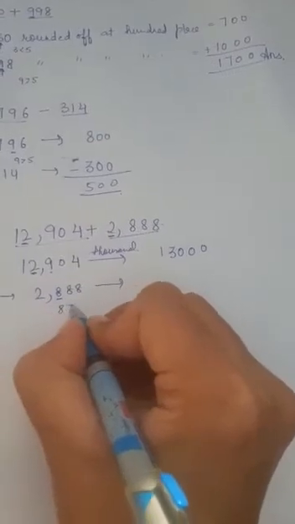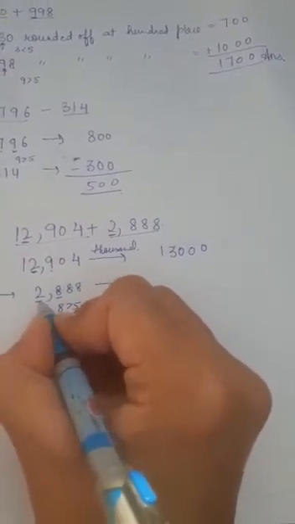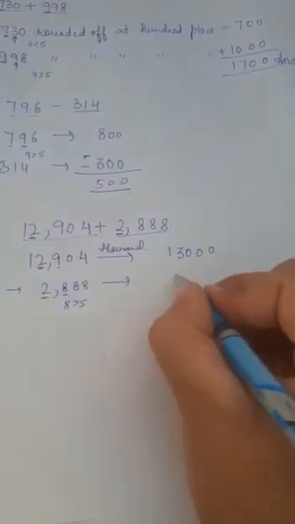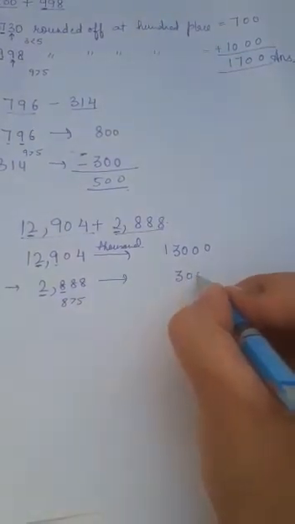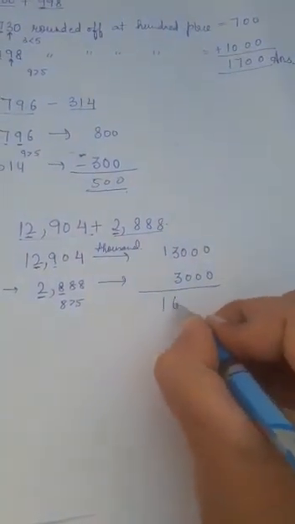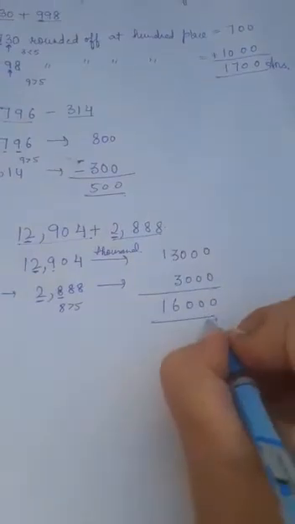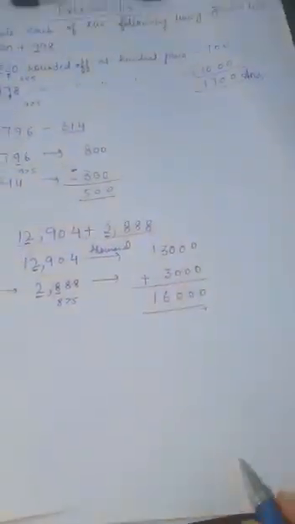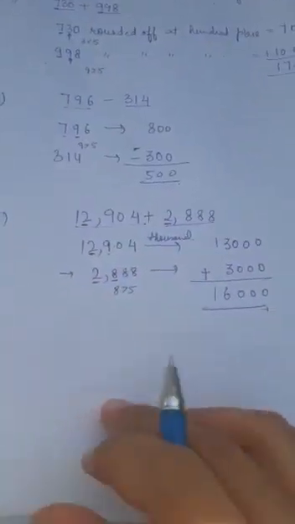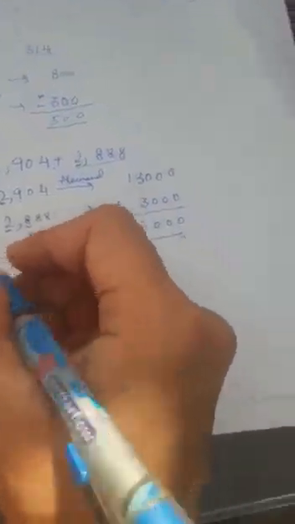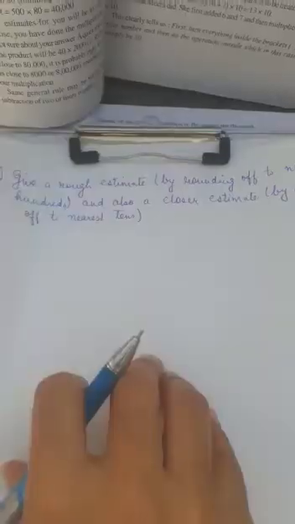So it is 8, which is greater than 5. So this place digit will be rounded up. That is 2 will become 3 and 0 0 0. The sum is 16,000. This is your answer. Okay. Now D part you will do yourself of question number 1.